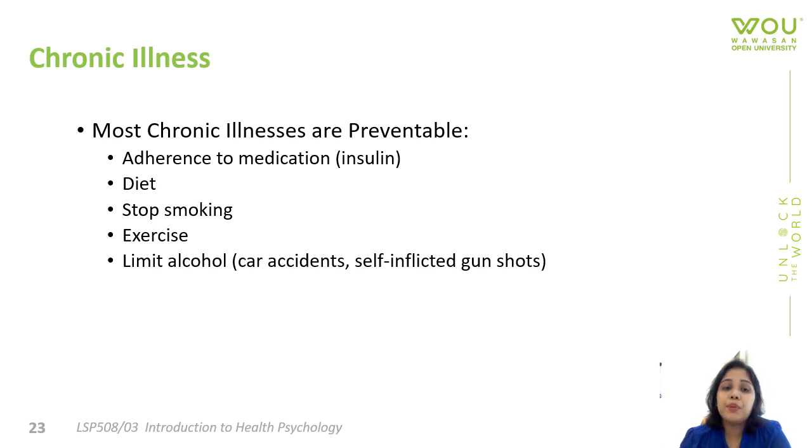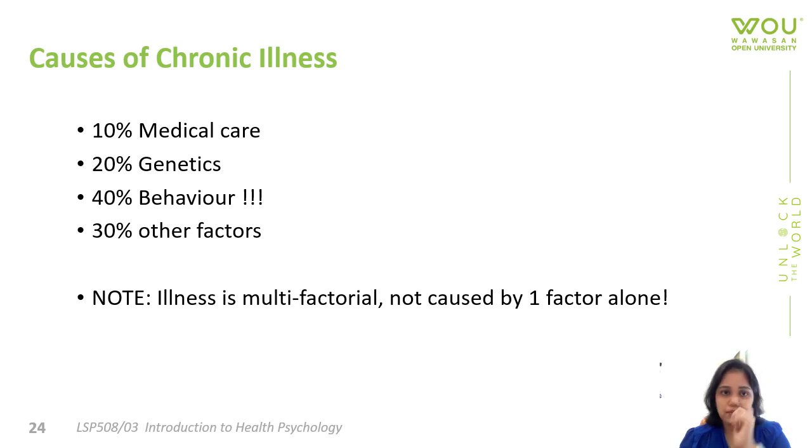Stopping smoking, for example, exercise, and also limitations that can reduce car accidents or even self-inflicted gunshots are some of the things that can be preventable for chronic illnesses.